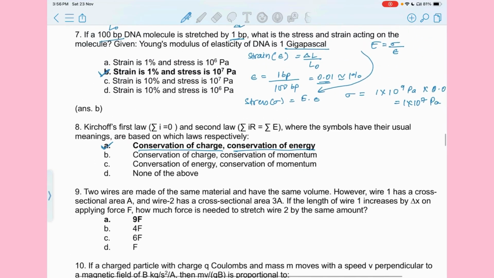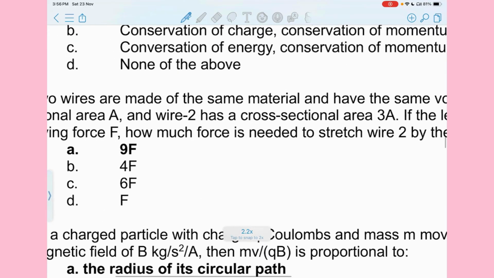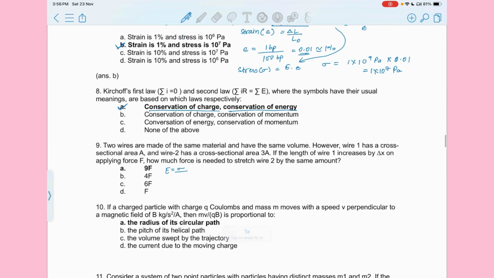Again, using the same formula of the Young's modulus, we know that Young's modulus is equal to stress upon the strain. And the stress is F upon A, and the strain is del L upon L naught.